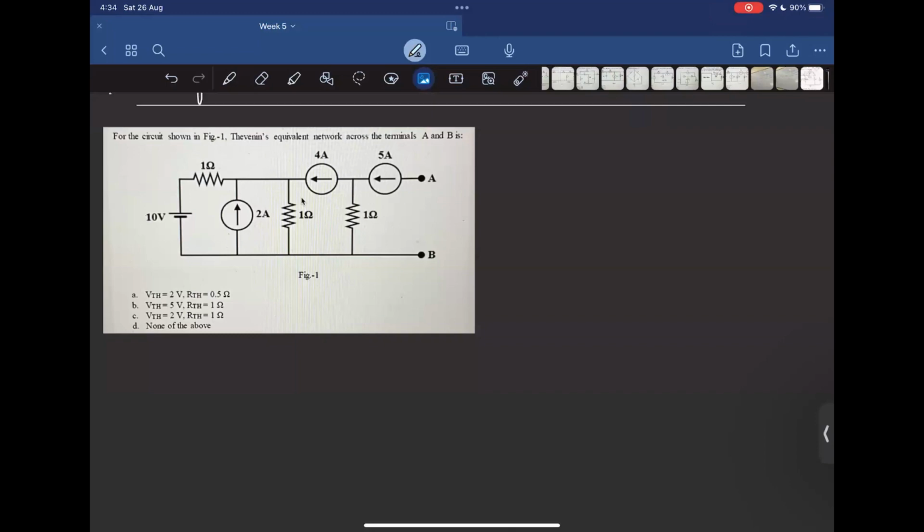Okay, so see, Vanessa, what we do is we calculate the open circuit voltage across the two terminals. But is this circuit even possible with a 5 ampere current source? Can I have it open circuited?